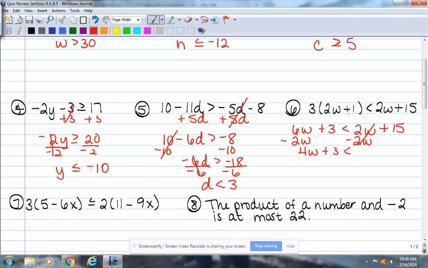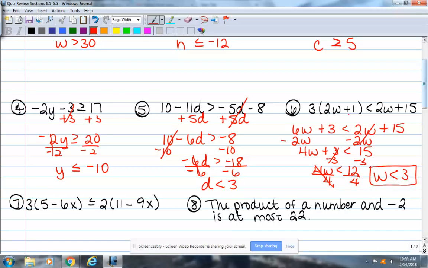Plus 3 is less than 15. And then what do we do? So 4w is less than what? 12. And then what do we do? And w, do I flip my sign? No, w is less than what? 3. Any questions about that one? We good?